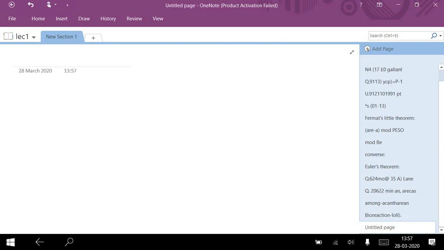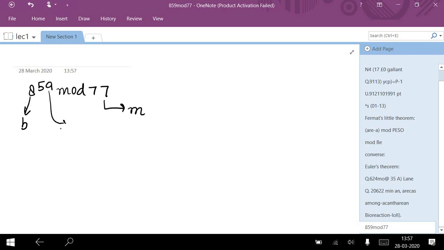So what will be my final equation? 8 to the power 59 mod 77. Now the value of b is 8, the value of m is 77, and the value of a is 59.